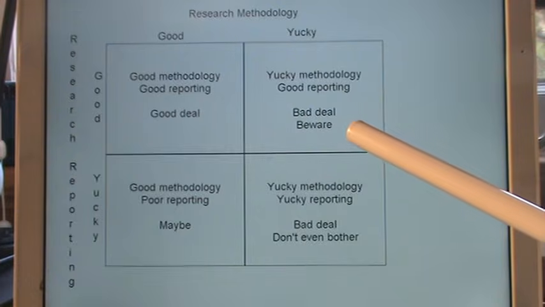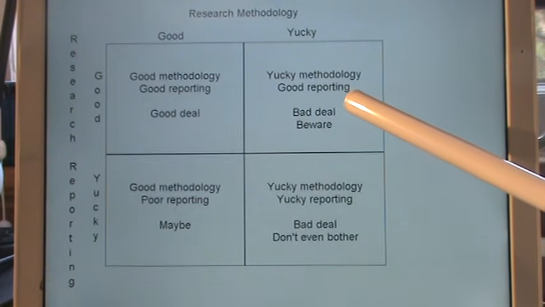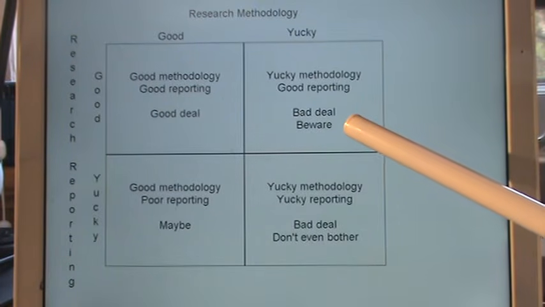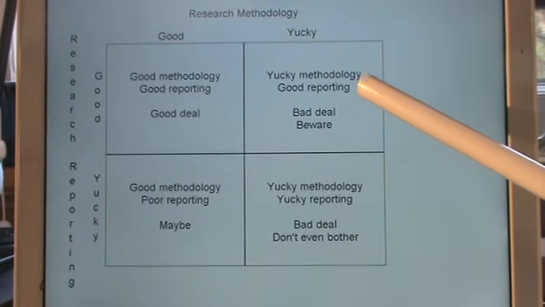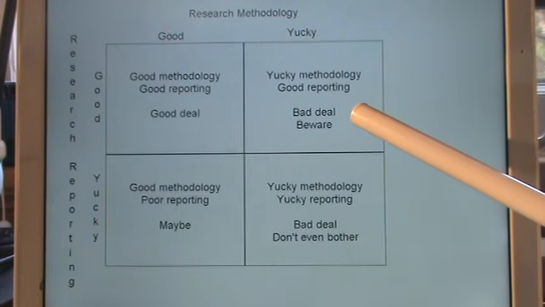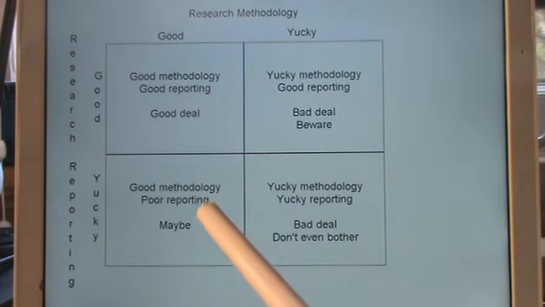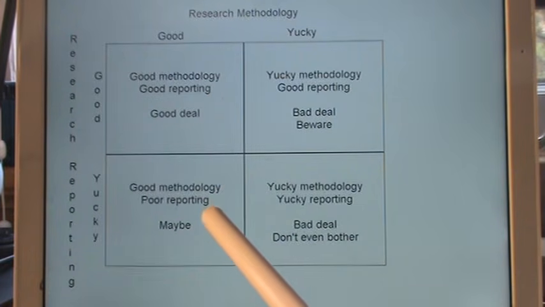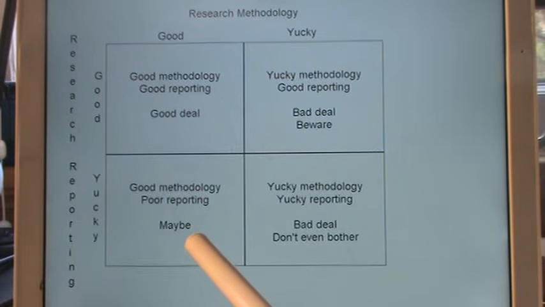If you have research that has yucky methodology, but it's reported very well, you need to be aware of that. That's a bad deal, because you don't want to get sucked in: if the methodology is poor, then we cannot trust the results, no matter how well it's written. If we have good methodology but the reporting is not that good, we need to be careful here too, because this might be valuable information.